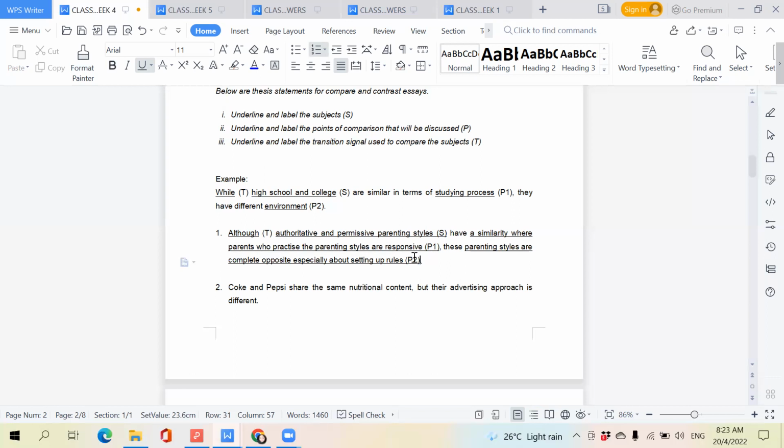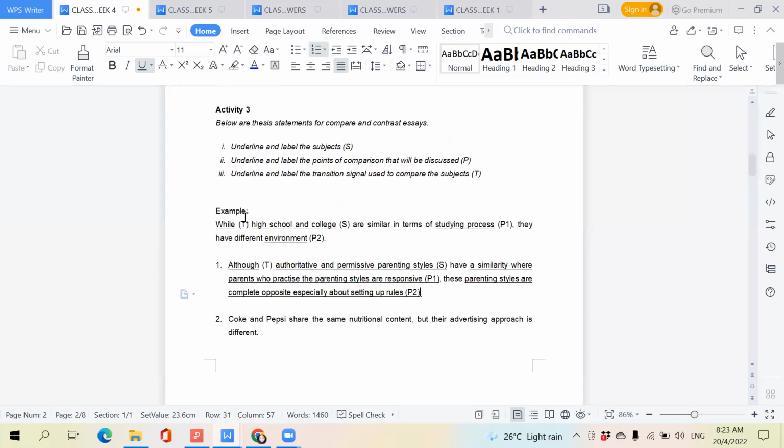And another thing that I would like to remind you is that, okay, as you can see from the example and in question number 1, the transition is almost always written in the first part of the sentence or the first word of the sentence, but it's not necessarily going to be the case for all of your thesis statements, because your transition signal can also be in the middle part like this one.